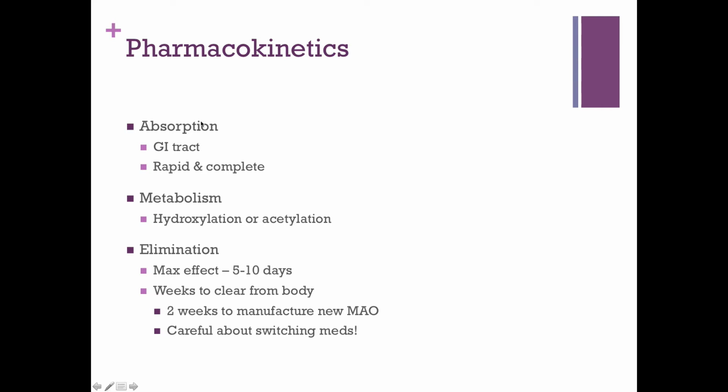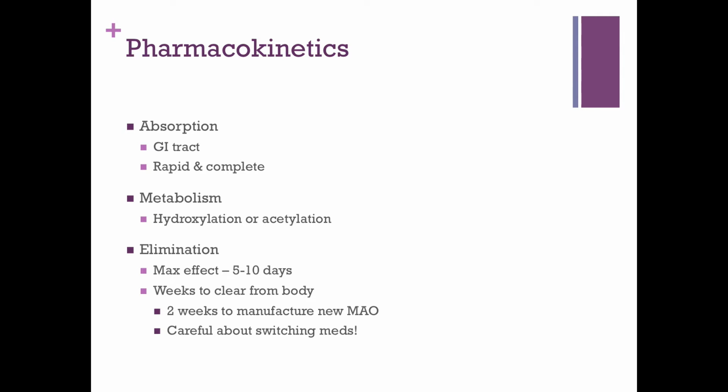All right, pharmacokinetics of MAO-Is. They are also oral, so they're absorbed through the GI tract very rapidly and completely. Their metabolism is hydroxylation or acetylation, so we don't see glucuronidation in there. That lets us know that it's probably not safe for all age groups. Elimination, max effect 5 to 10 days.